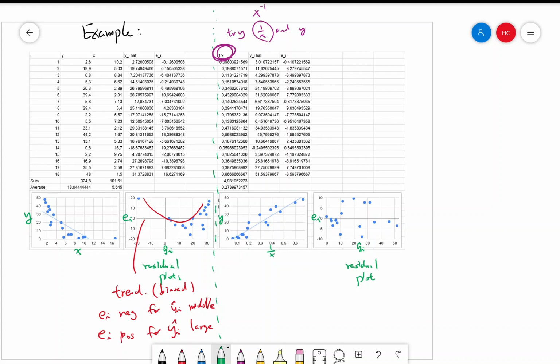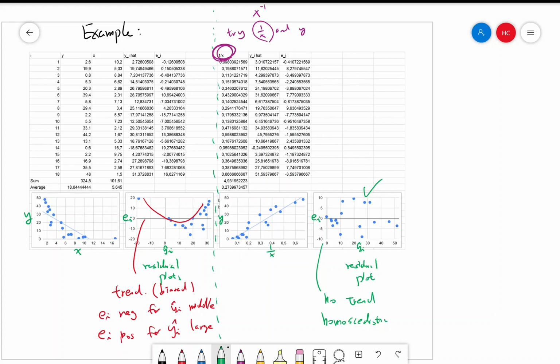All of these are calculated using Excel. If you look at this residual plot, compared to the one on the left, this is better. It's nice. There's no trend, and it doesn't look like the variance changes as yi hat changes. So this is homoscedastic. This is good, which means this model is better.